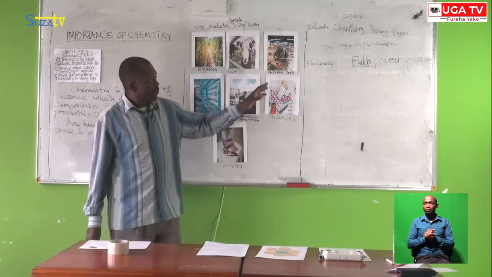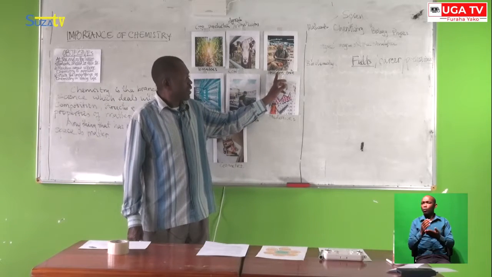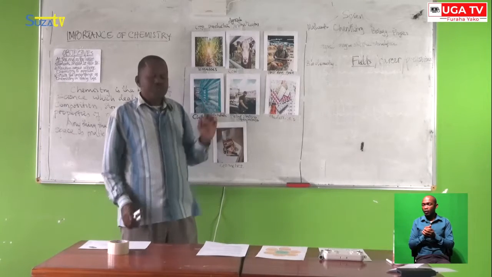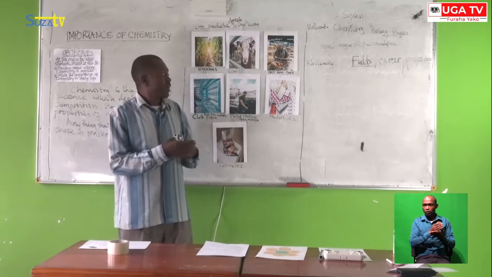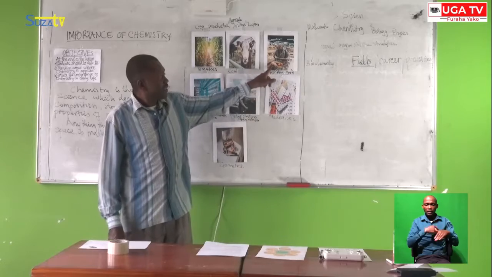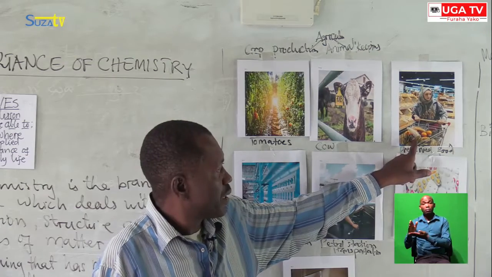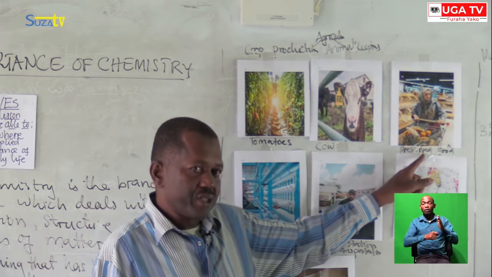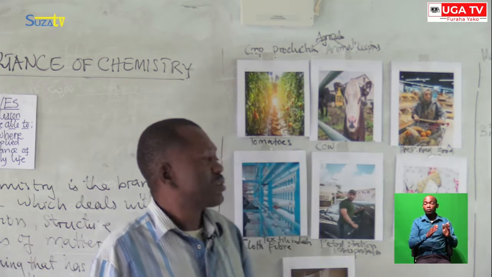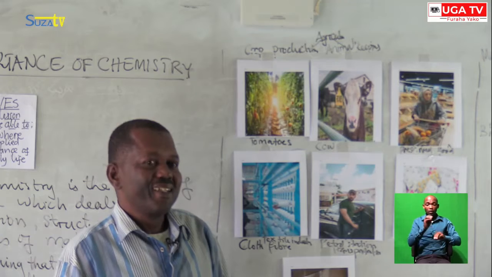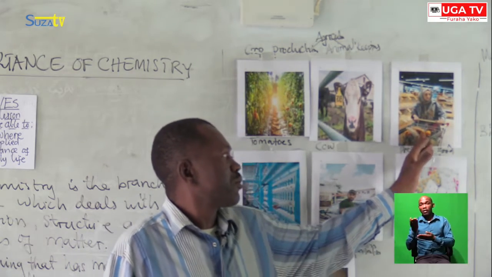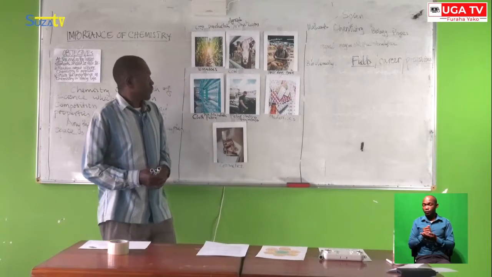Also, we have preserved food. So there is an interrelation between farmers and industries, especially the chemical industry that produces chemicals used to preserve food.